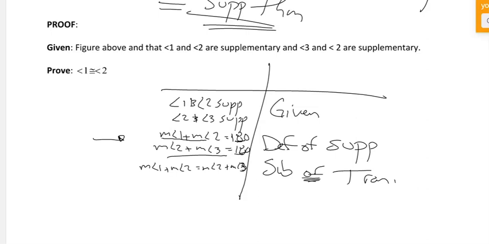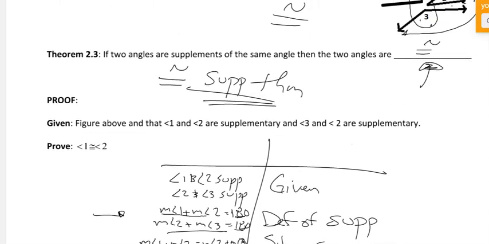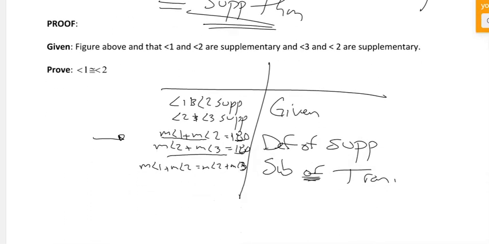Did we come to a dead end, or is there something we can do here? 1 plus 2 equals 2 plus 3. Hang on, I need to check something out here. This was actually supposed to say, sorry, 1 is congruent to 3.